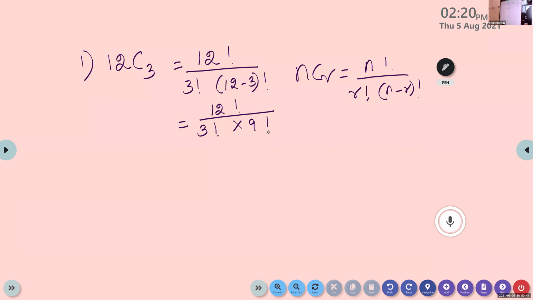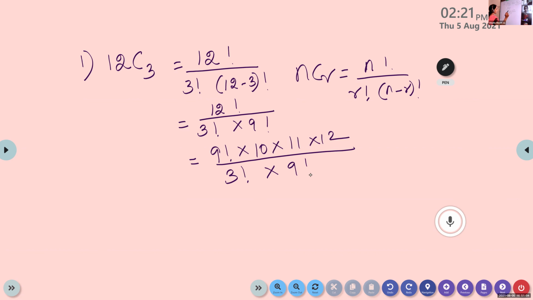9 factorial. Now what is the method we have learned? We express the bigger in terms of smaller. So among this, 12 factorial is the bigger one. So we can write 12 factorial as 9 factorial into 10 into 11 into 12 by 3 factorial into 9 factorial.